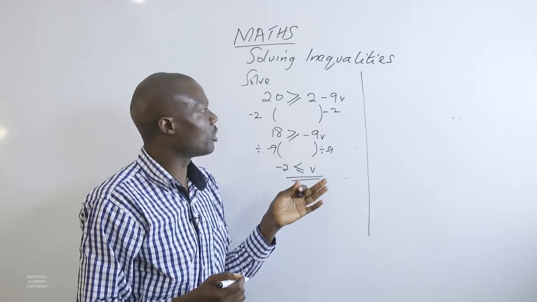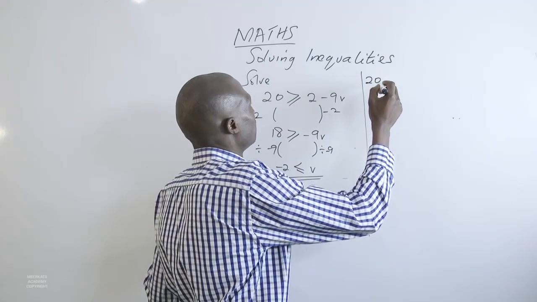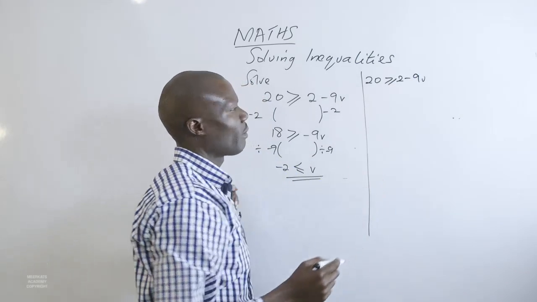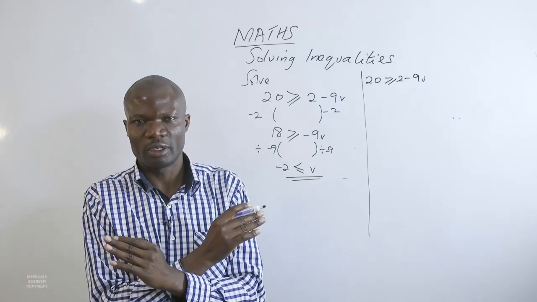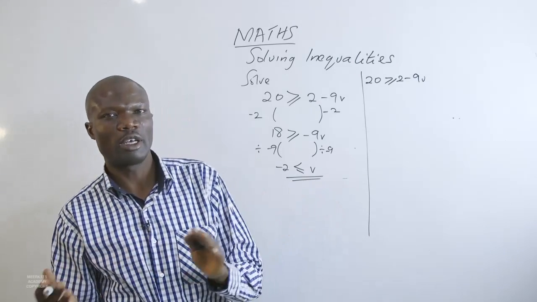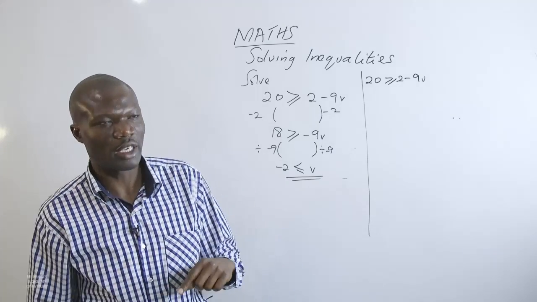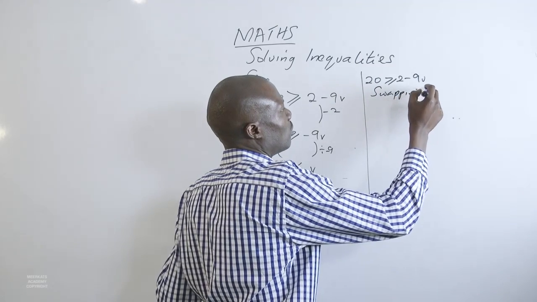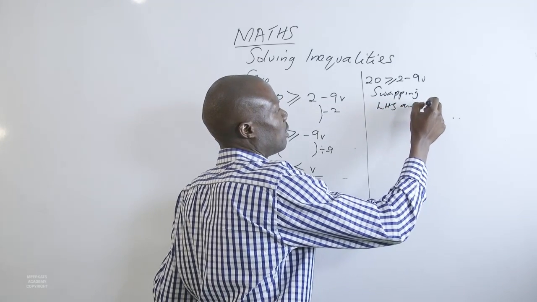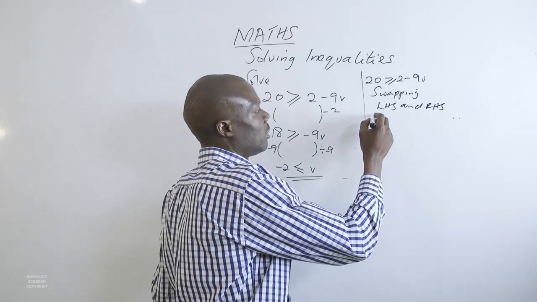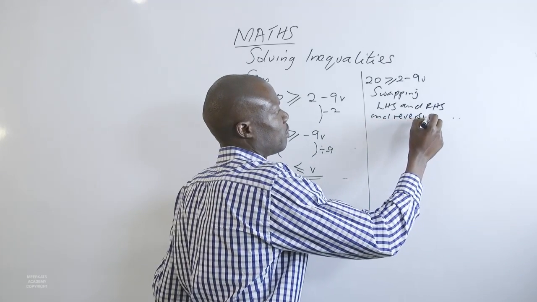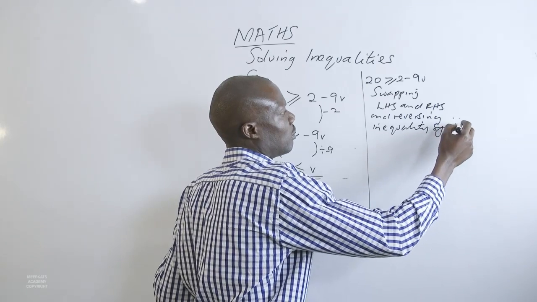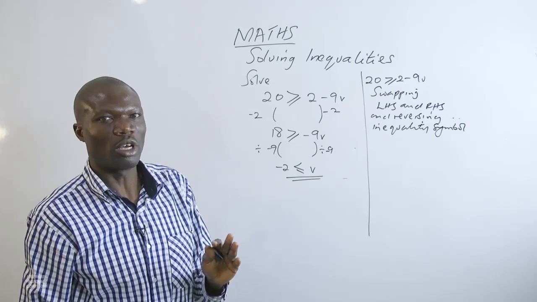We could also approach this question another way, by swapping the left-hand side and the right-hand side, and then reversing the inequality symbol. How is that done?